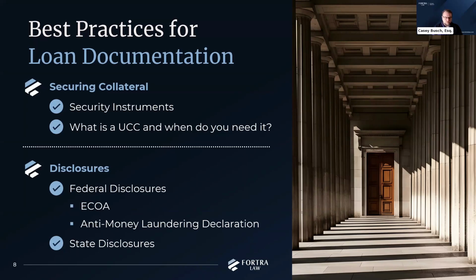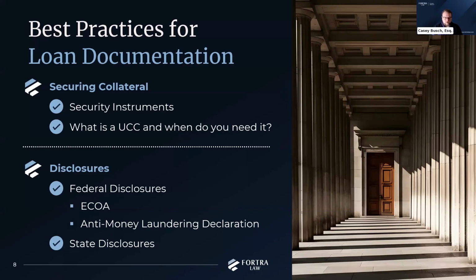Your document set should have a mortgage or a deed of trust, and that mortgage or deed of trust is going to be recorded on the real property so that other creditors will see that you have a security interest in that property. And if they're interested in also recording a mortgage or deed of trust, they're going to know that you have priority on that property, and they're going to have to negotiate with you if they want to get to your interest.